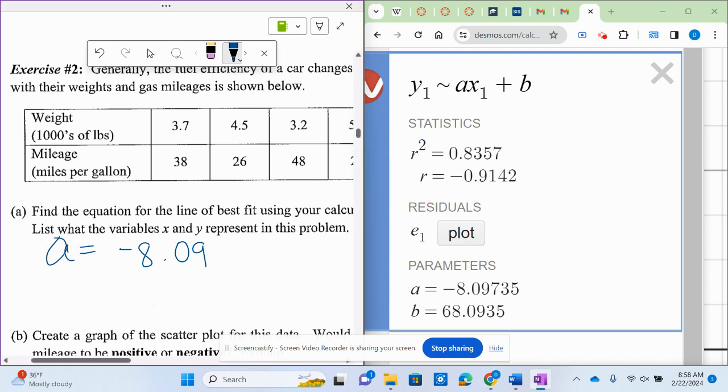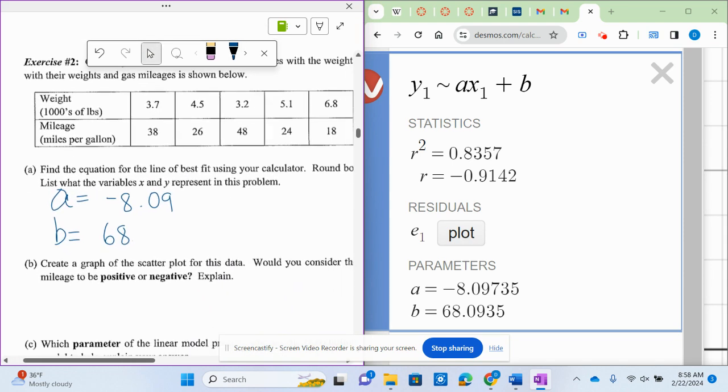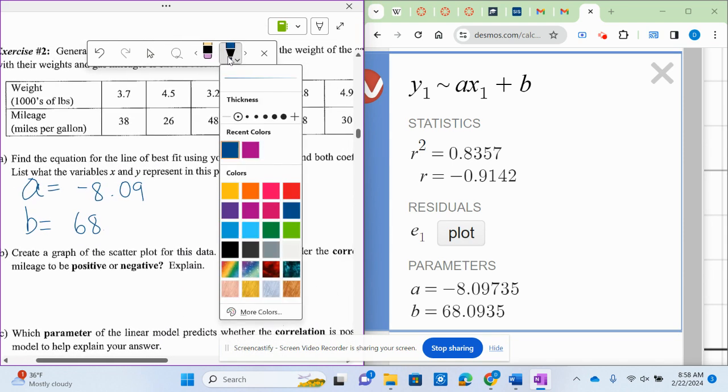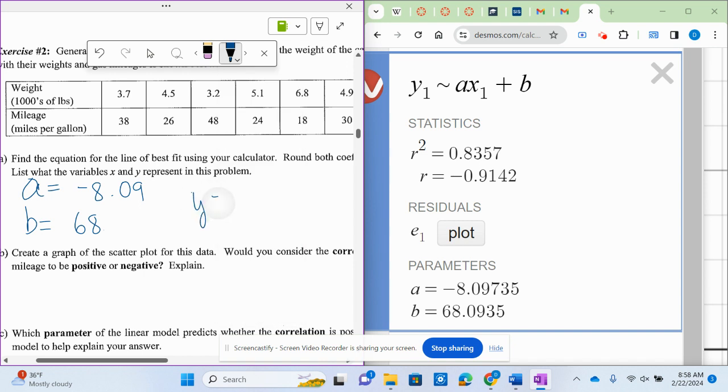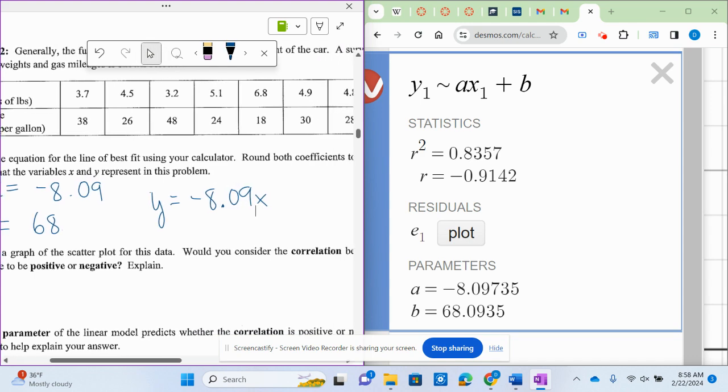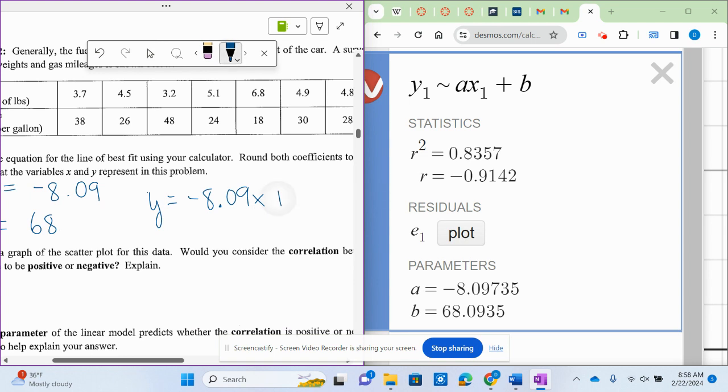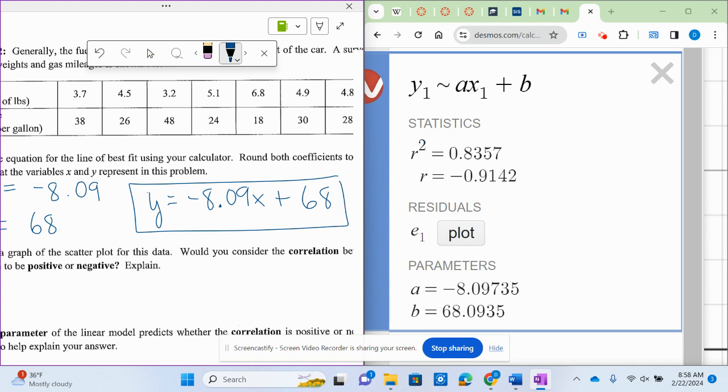If you didn't get that, one of your points is wrong, okay? B is 68. So what is our equation? Our equation is Y equals negative 8.09x plus 68. This is the equation. So we've already created our graph.